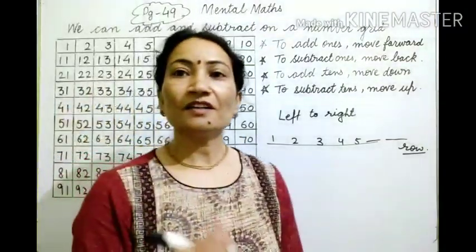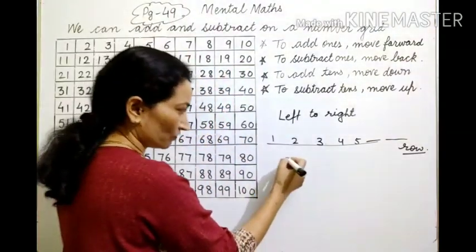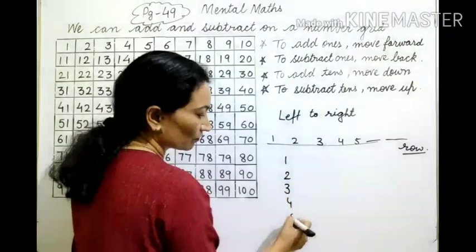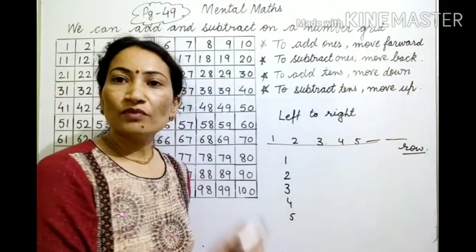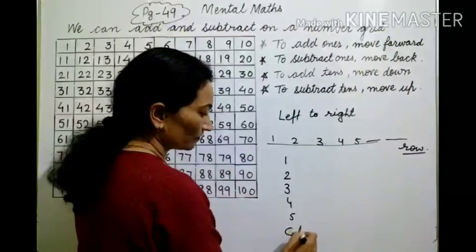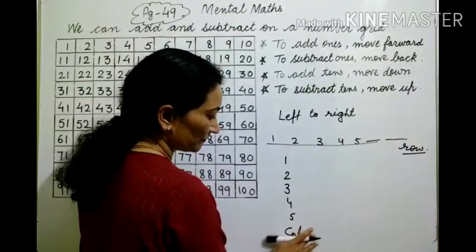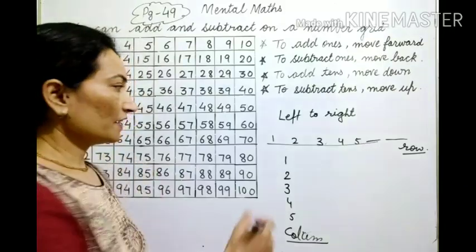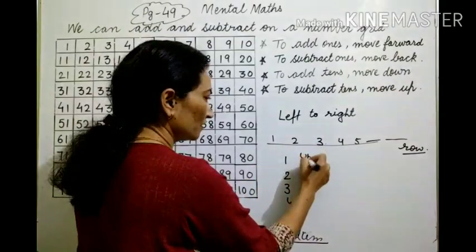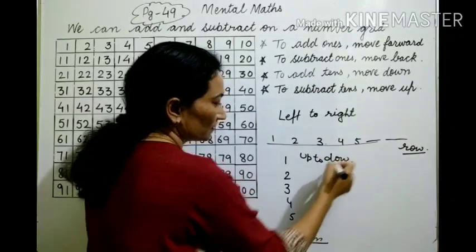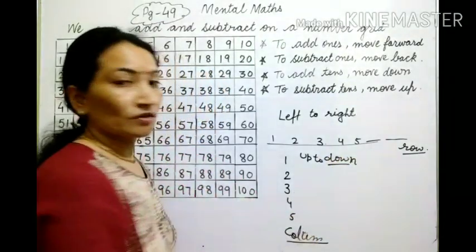If we write numbers up to down, 1, 2, 3, 4, 5, means vertically if we write numbers, then it is a column.